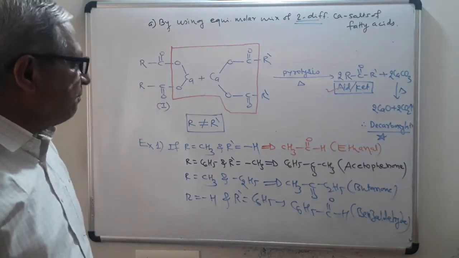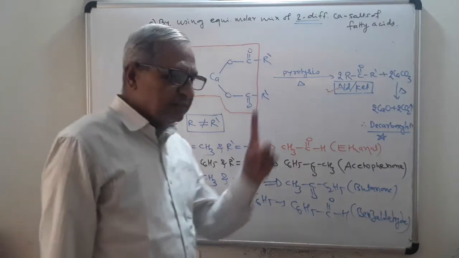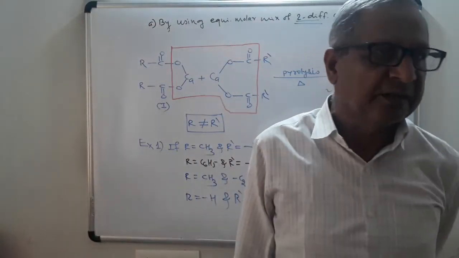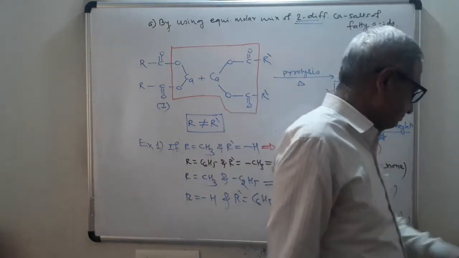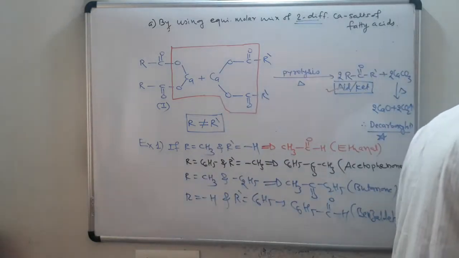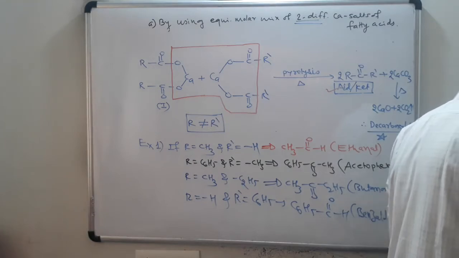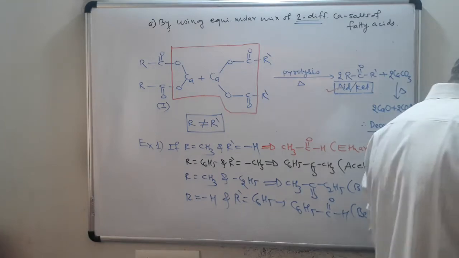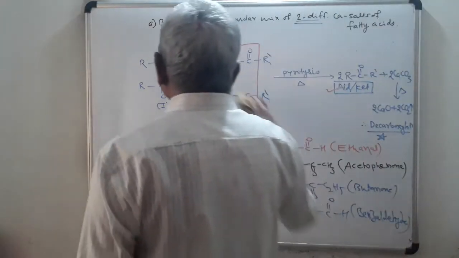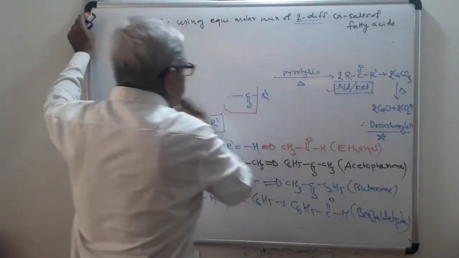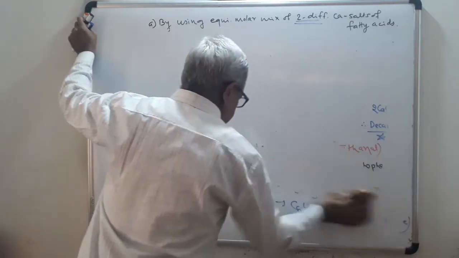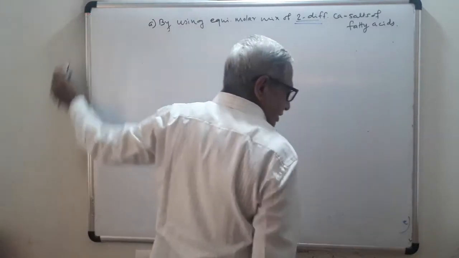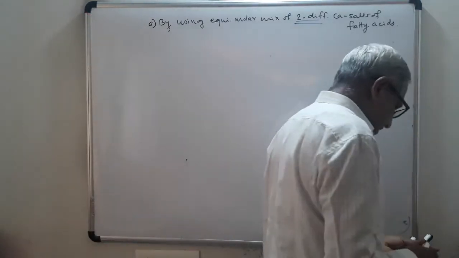So this is the point here, but remember that by this method we cannot prepare the simple ketone. By this method we can prepare the mixed ketone. Again the applied question here, the cyclic ketones can be prepared by this method. So preparation of cyclic ketone. By this method we can prepare the cyclic ketone.